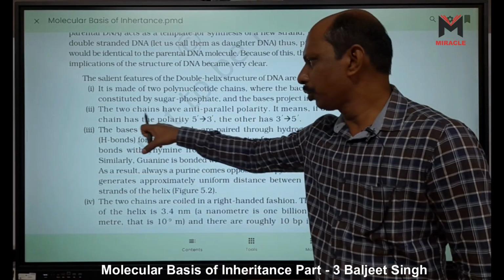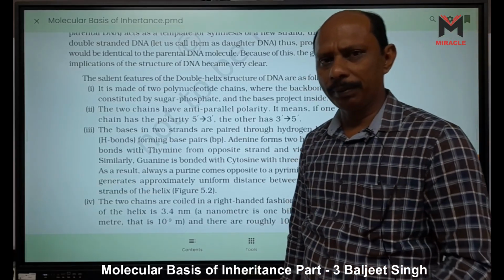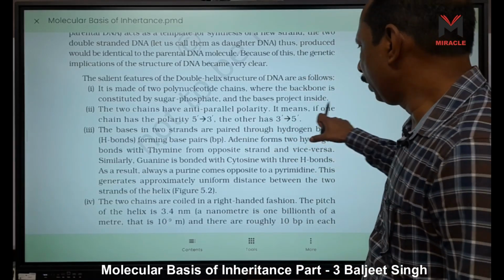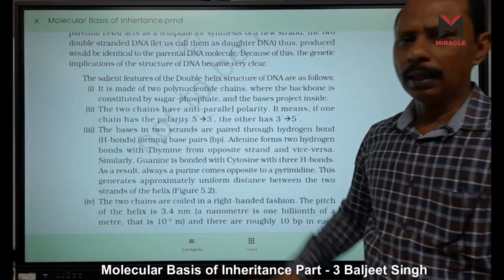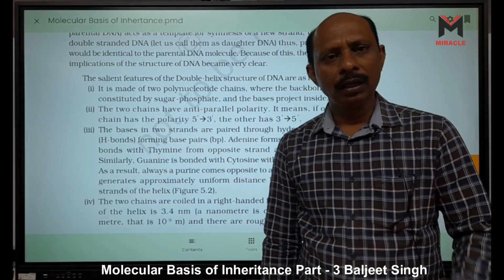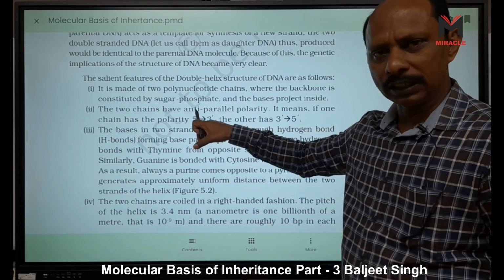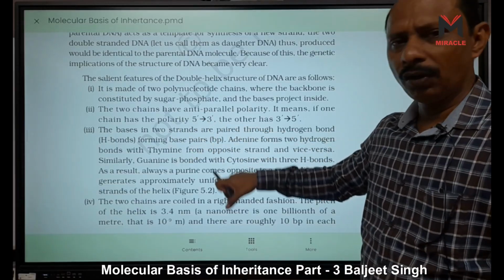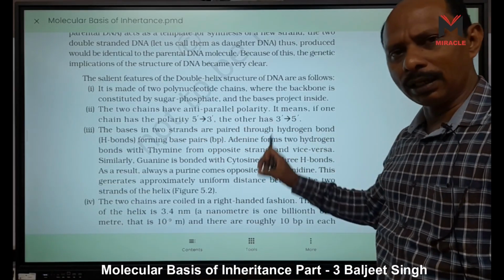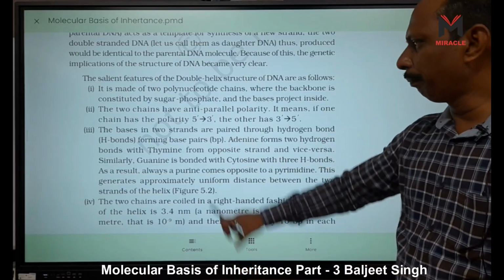Second, the two chains have anti-parallel polarity. Already we know one is 3' to 5', and the other is 5' to 3'. If one chain has the polarity 5' to 3', these numbers indicate the carbon number: the phosphoric acid is attached to the 5th carbon of the pentose sugar, and the phosphoric acid of the next nucleotide is attached to the 3rd carbon of the pentose sugar.